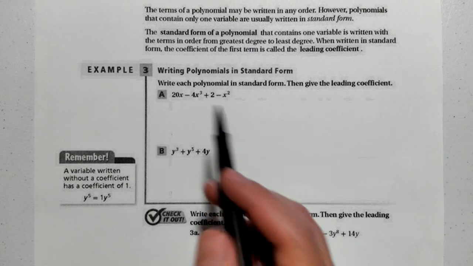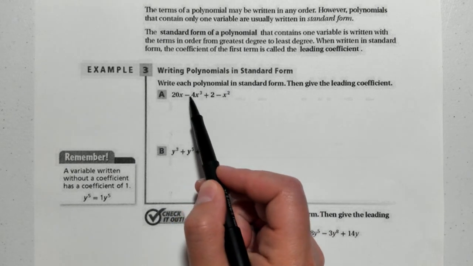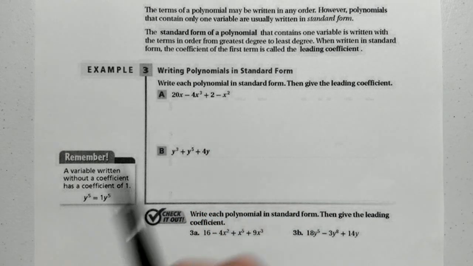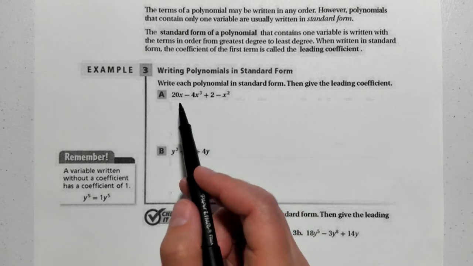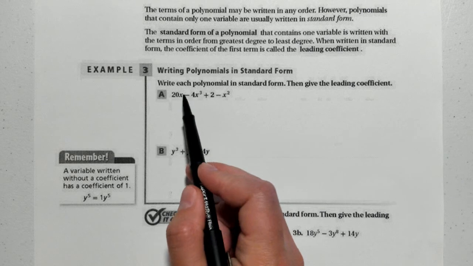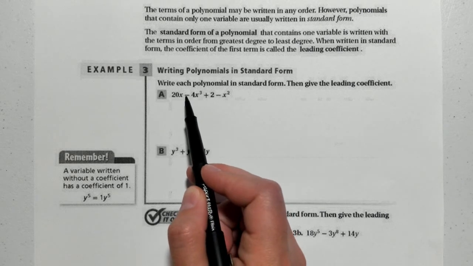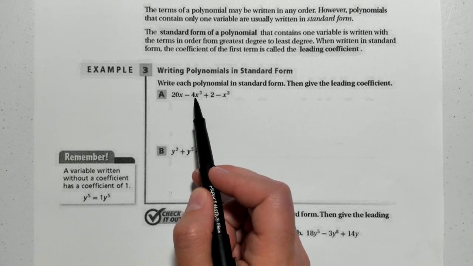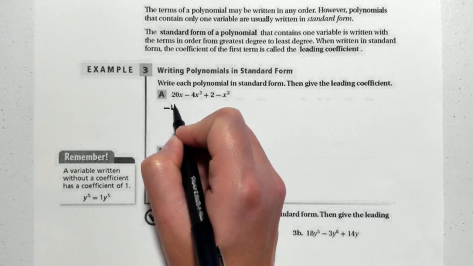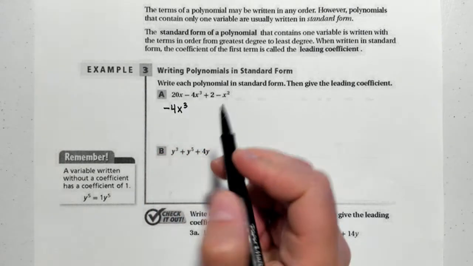So I have 20x minus 4x cubed plus 2 minus x squared. The greatest exponent, so I have 1, 3, and 2. 3 is the biggest. Don't forget, subtraction means that term's negative, so you need to bring it with it. So it's going to be negative 4x cubed.